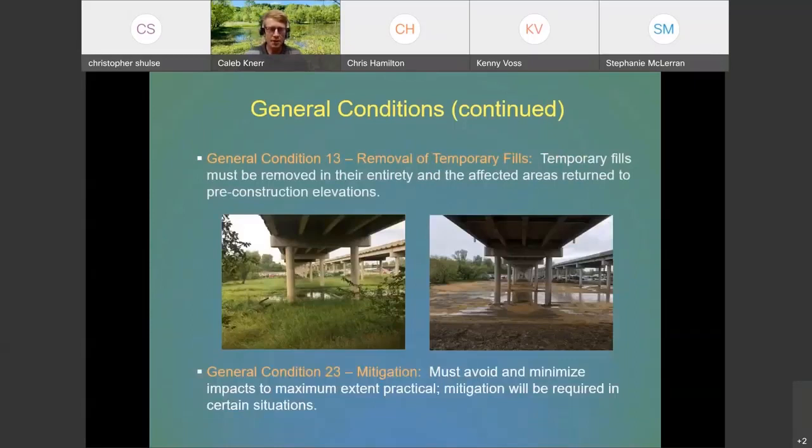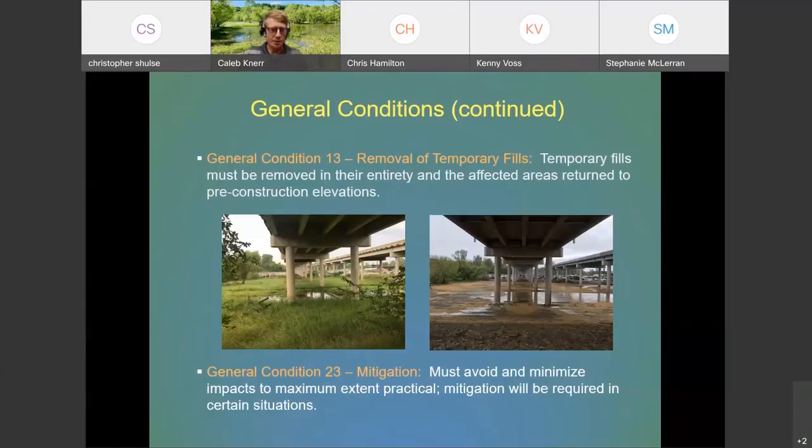General Condition 13 talks about removal of temporary fills, and just states that temporary fills must be removed in their entirety and affected areas returned to pre-construction elevations. In this example, this bridge was a rehab, and essentially there were temporary construction and work pads below the bridge.